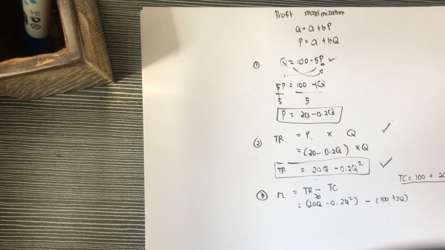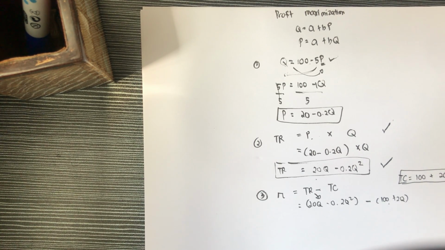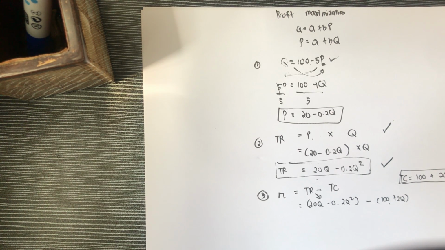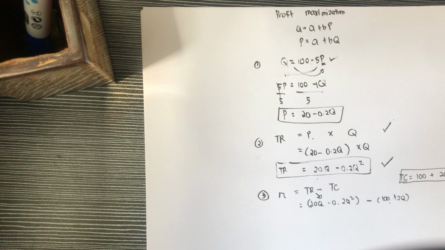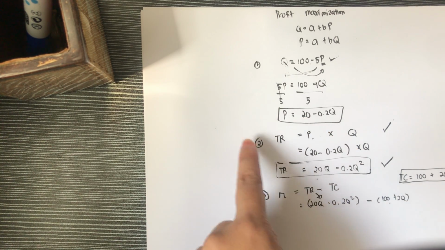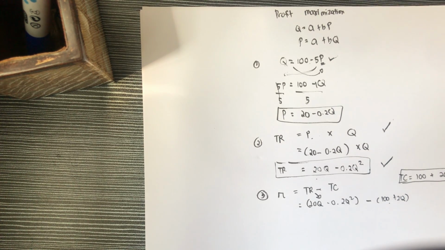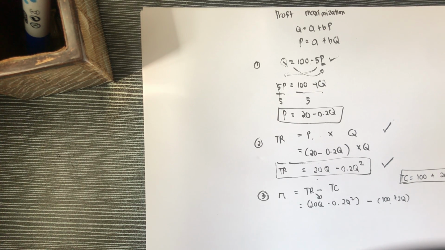Because your TC is dependent on the quantity, right? It's not dependent on the price, it's dependent on the quantity, the things that you have produced. So your cost will change depending on the quantities that you have produced. So you cannot use the P, right? So if you use the P for your TR function, you have P as the variable in TR, and you will have Q as the variable in TC.